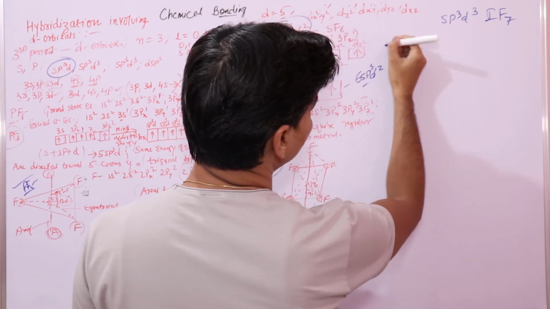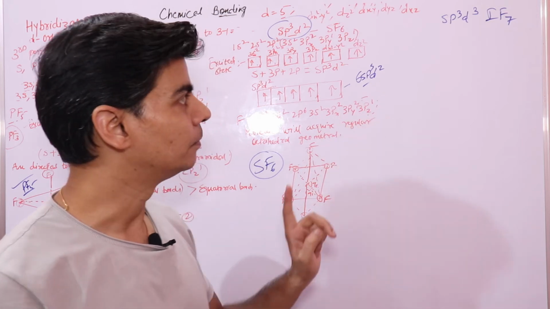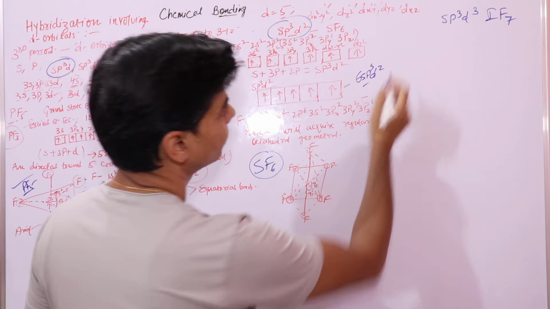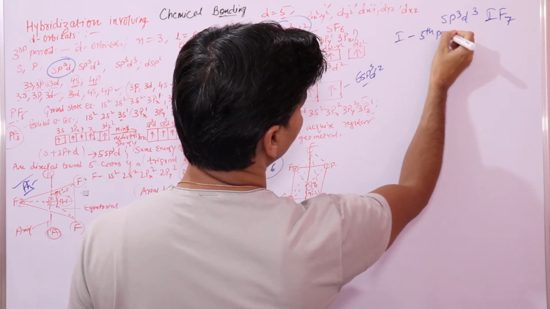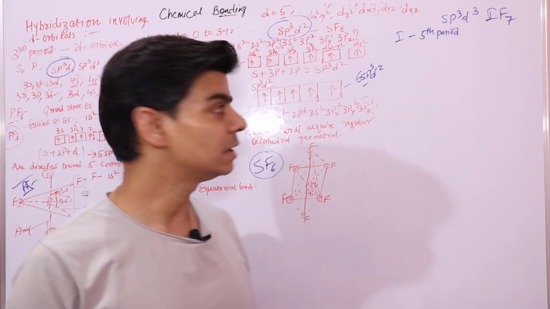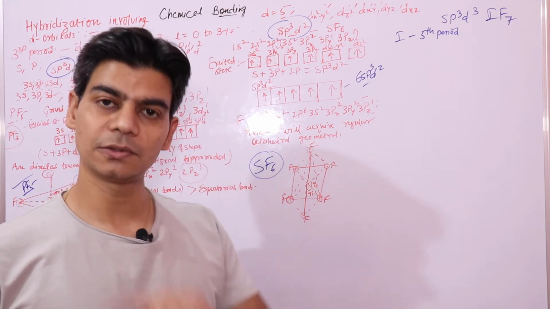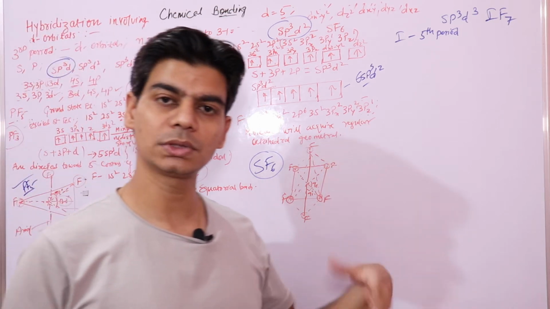First we'll write down the ground state electronic configuration of the outer shell of iodine. Iodine belongs to the fifth period of the periodic table. Fifth period means it has a maximum of 5 shells, so we would be looking into the electronic configuration of the outermost fifth shell.